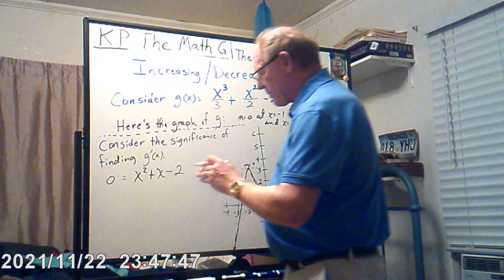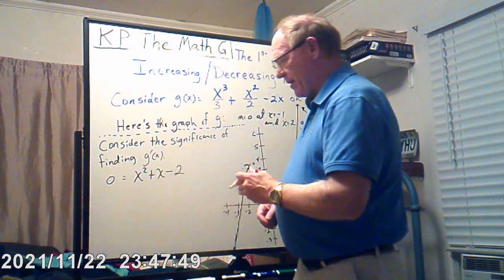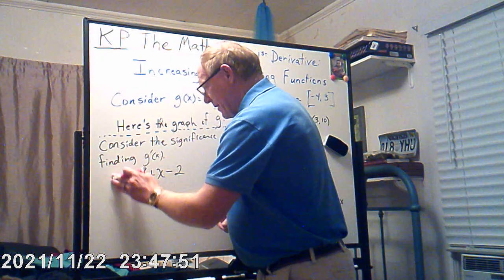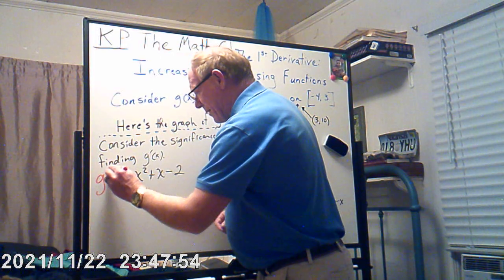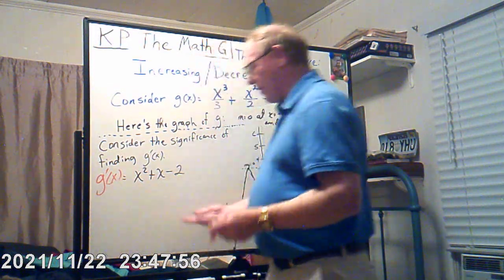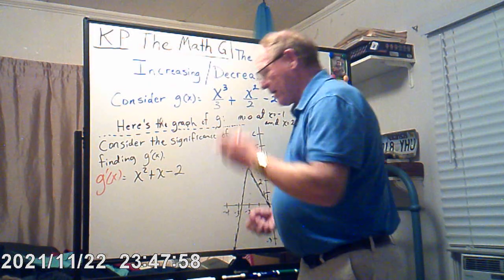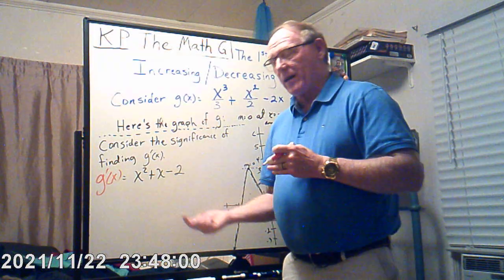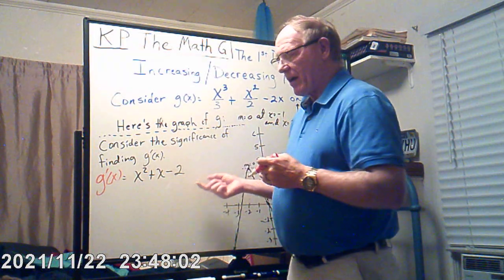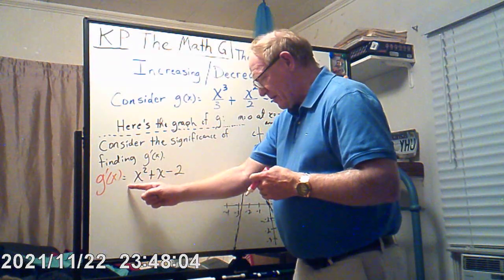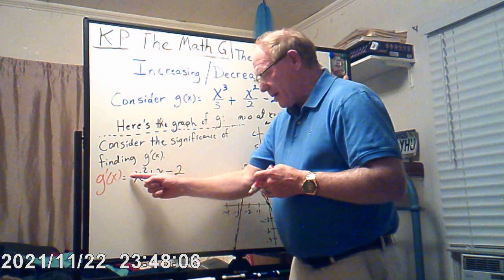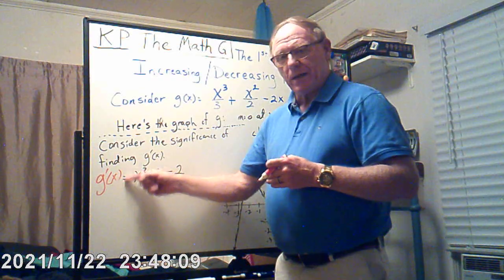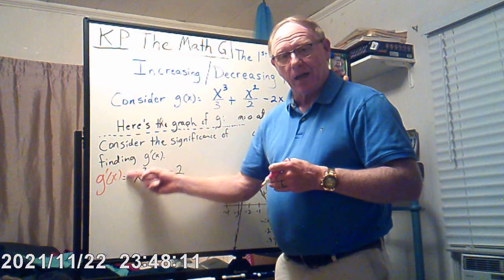Now if I draw the graph, and let's go ahead and say this is g prime, by the way. One way to draw this is, since I know this is a quadratic, I know that this is going to be opened upward. I know you learned open upward, but in calculus we say concave up.